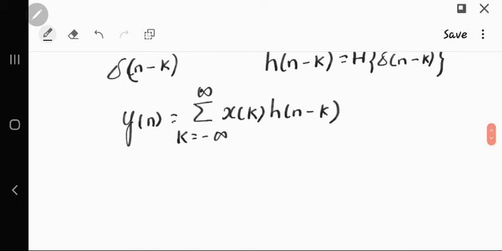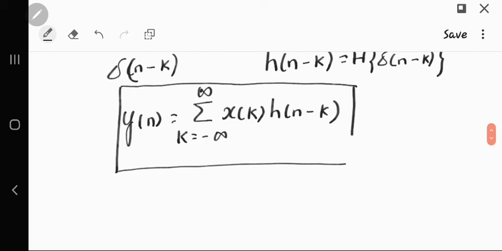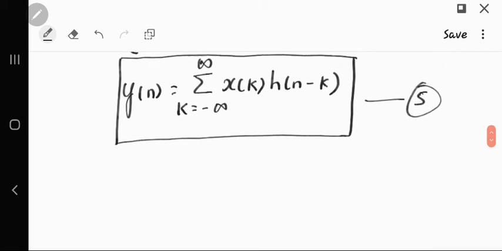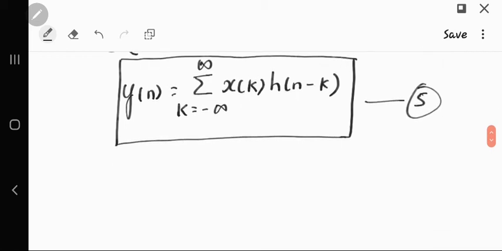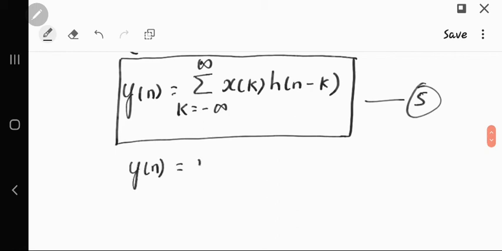So, this expression we have here is nothing but the convolution sum. Now, this can further be reduced. The convolution is denoted by the symbol star, so we can symbolically represent it as y of n is equal to x of n convolved with h of n.